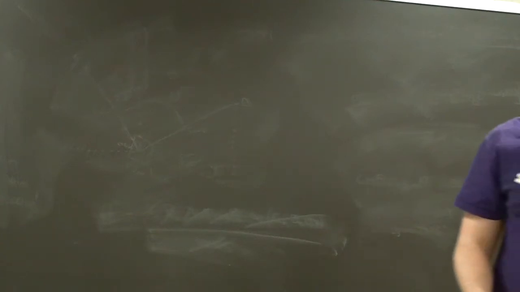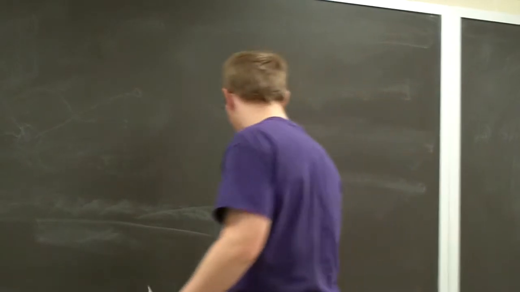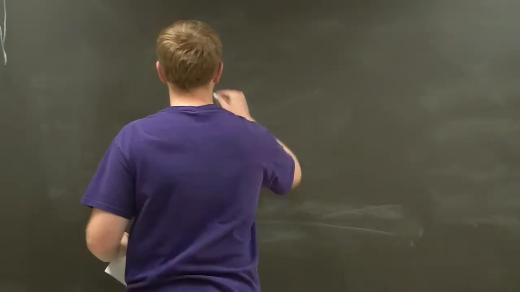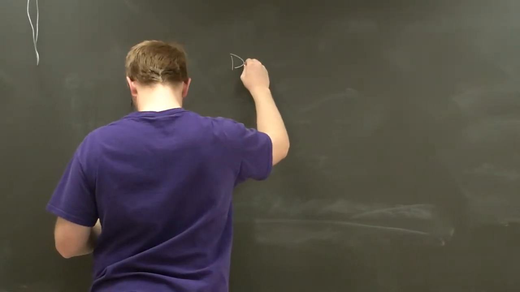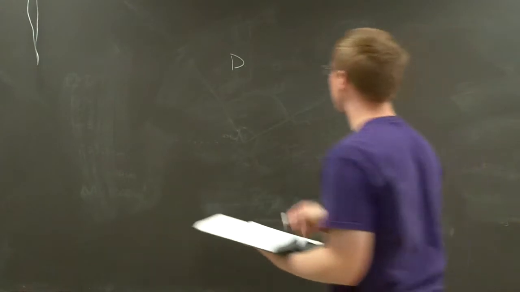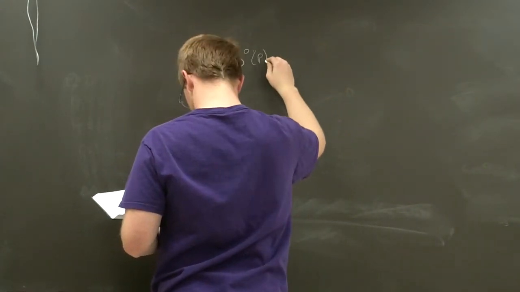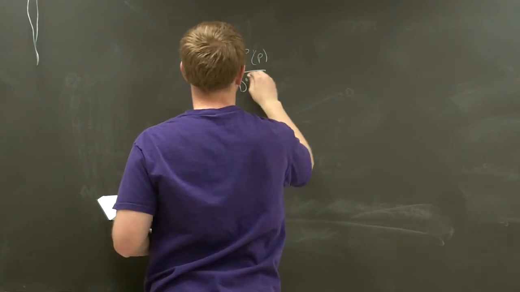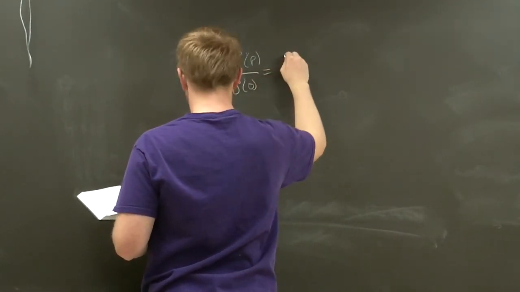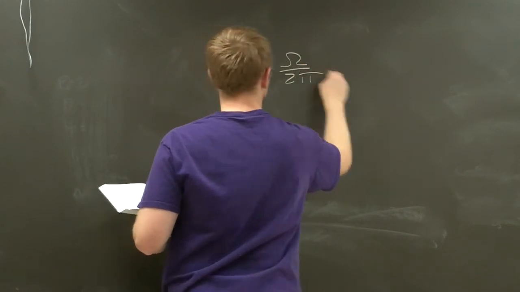All right, this next problem says that equations 7.68 and 7.70 both say that the solid angle going through a duct, this fraction, is equal to that.